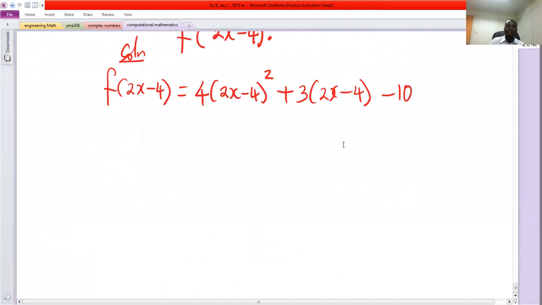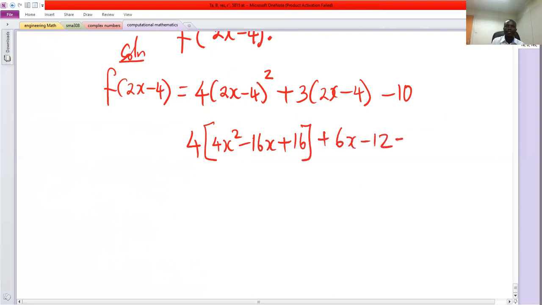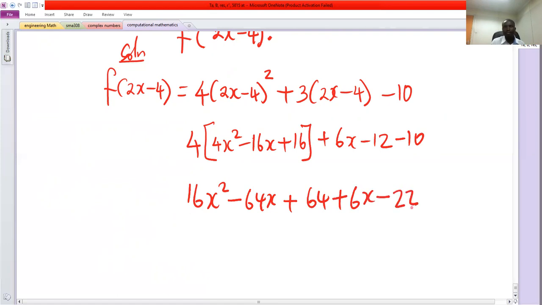So let's simplify this. It will be 4 into 4x squared minus 16x plus 16 plus 6x minus 12 minus 10. So 16x squared minus, 4 by 16 is 64x plus 64, plus 6x, this will be minus 22.